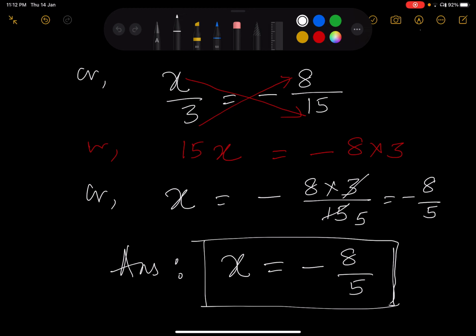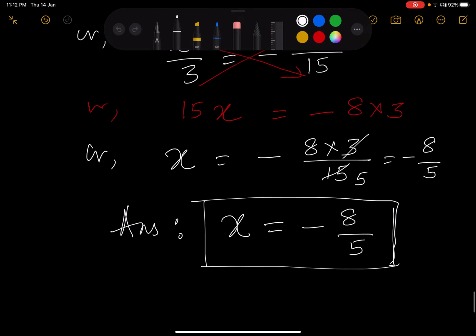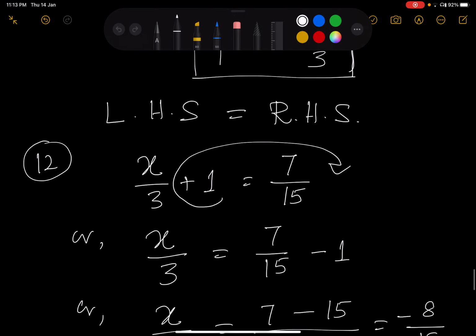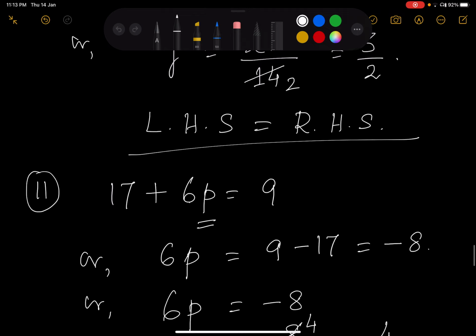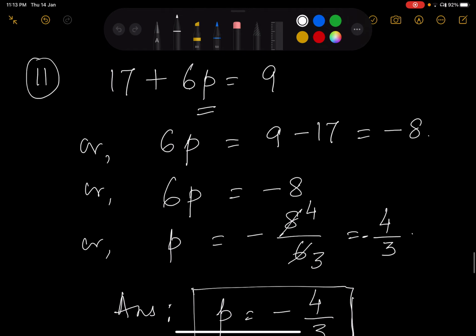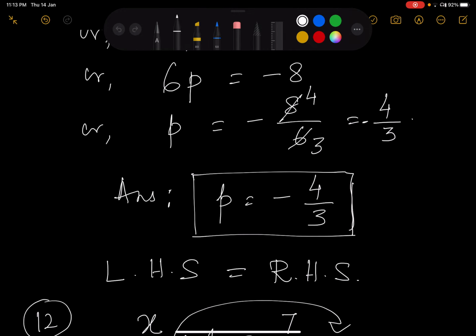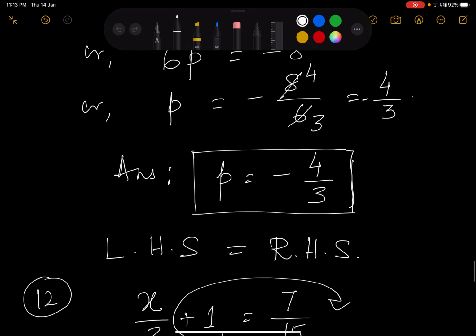As soon as you see these two numbers, you should be able to write that 3 ones are 3 and 3 fives are 15. It is very essential if you want to be a very good mathematician, and you should be able to play with the numbers and solve the problems as quickly as possible.